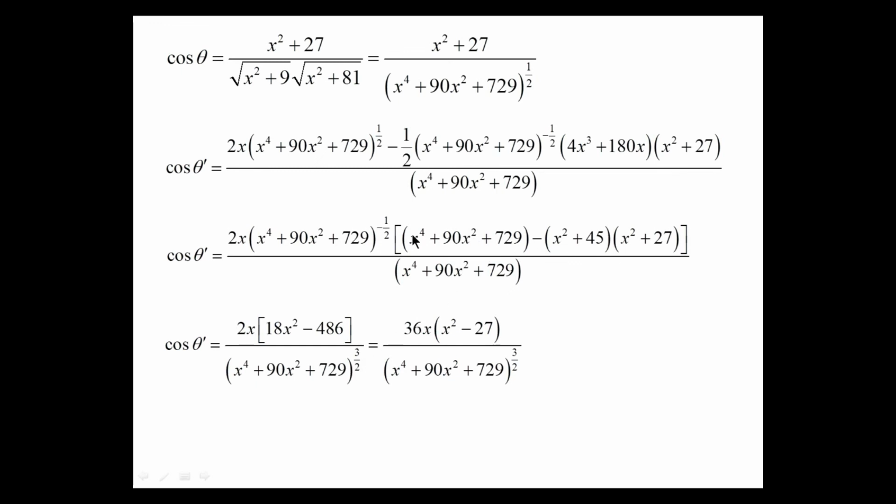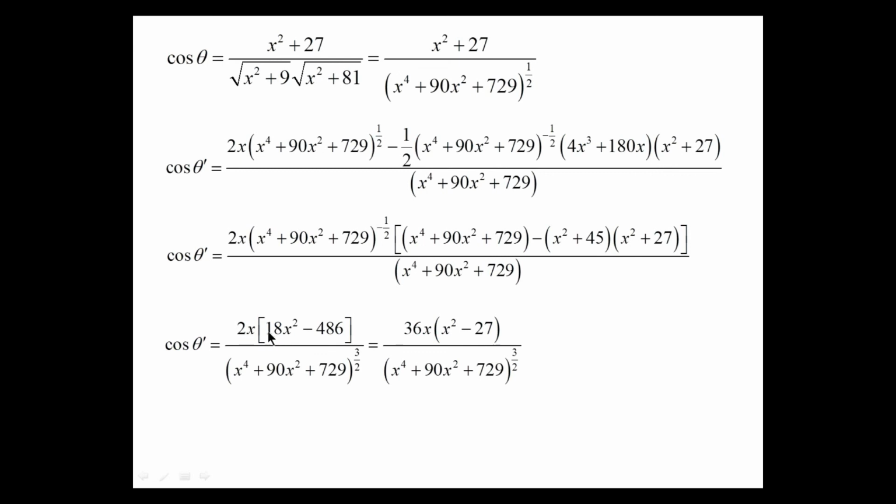And I multiplied this out and I performed subtraction. Remember all those expand and simplify exercises you've done in high school? Well, here's where you do it. Expand and simplify, collect like terms. And it becomes 18x squared minus 486. Do it. Don't take my word for it. But I know it's right.